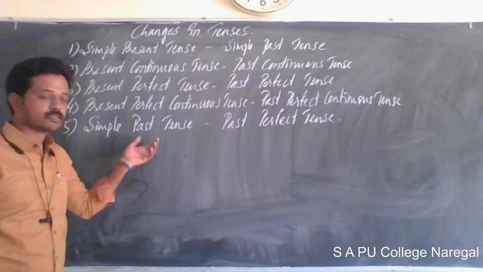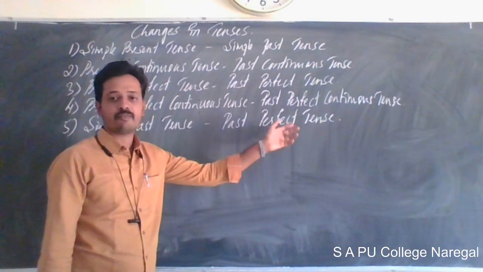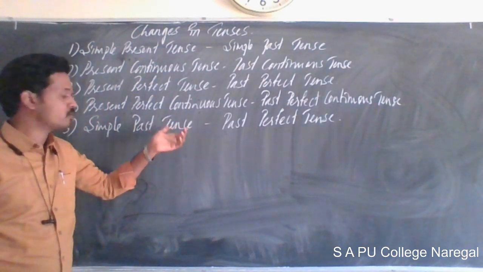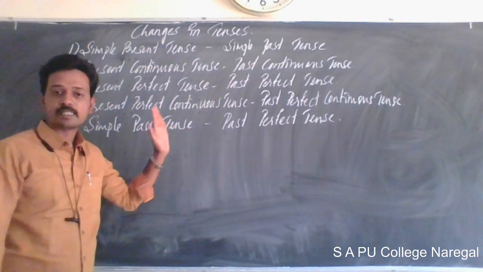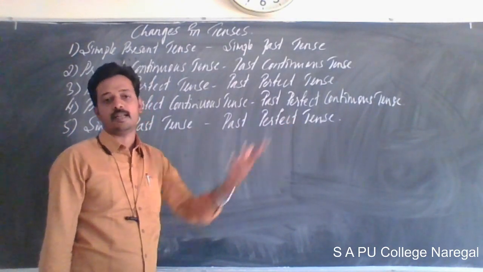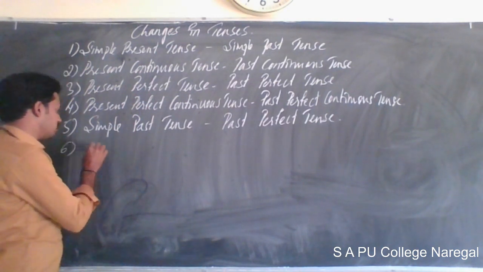So while converting this sentence to indirect speech, it should be converted to past perfect tense. Arun said, I wrote a letter. Arun said that he had written a letter. Very simple.